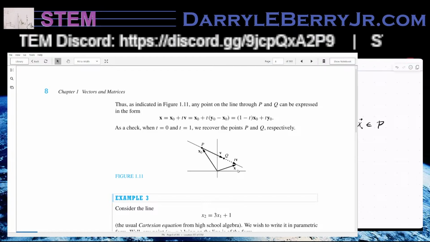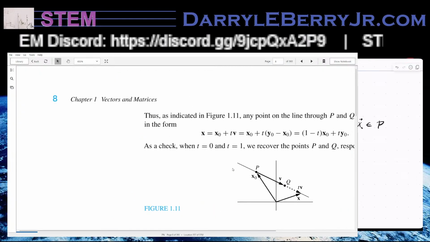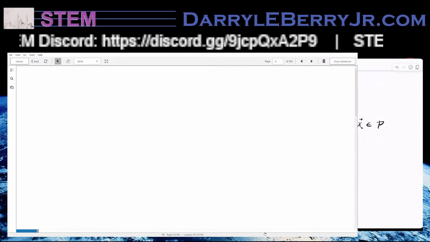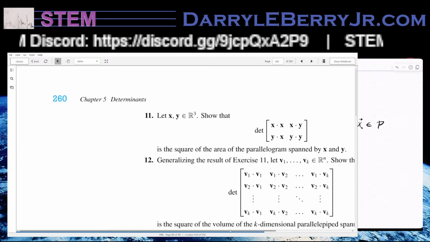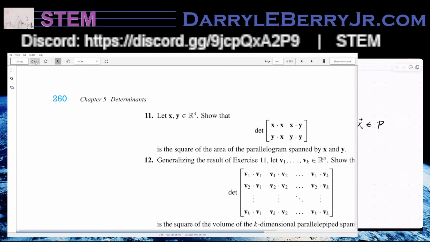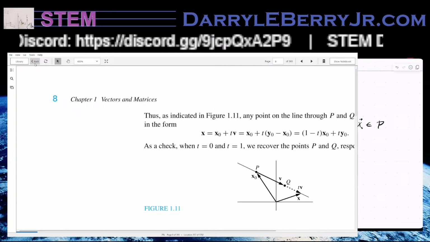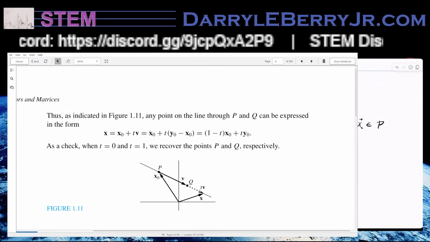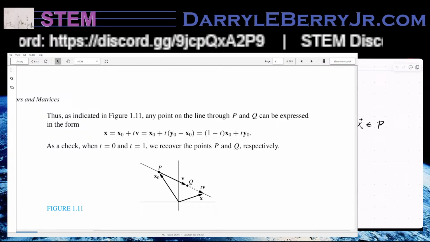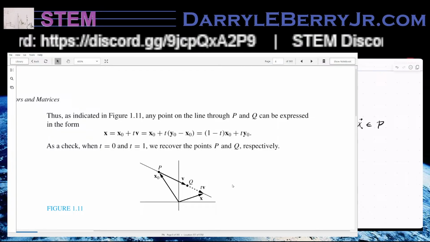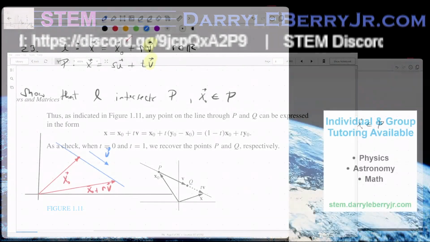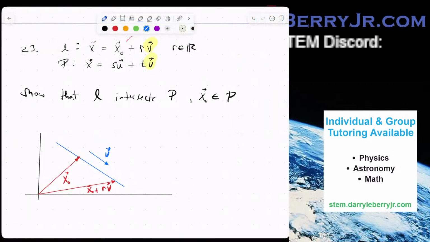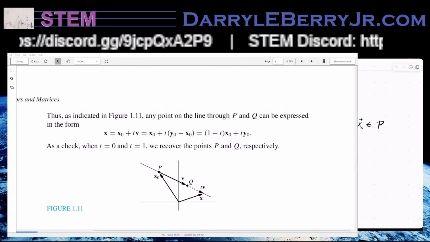So looking at the book here, this is basically what I was drawing right here. So let me expand this.